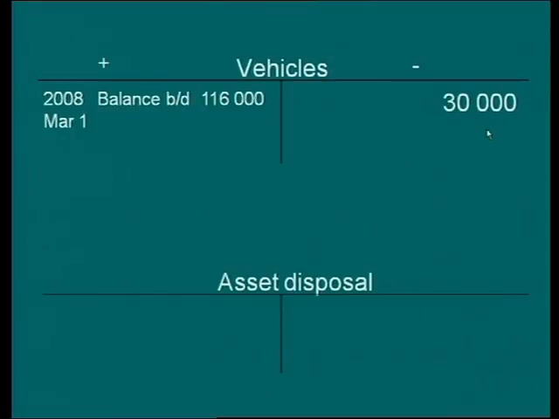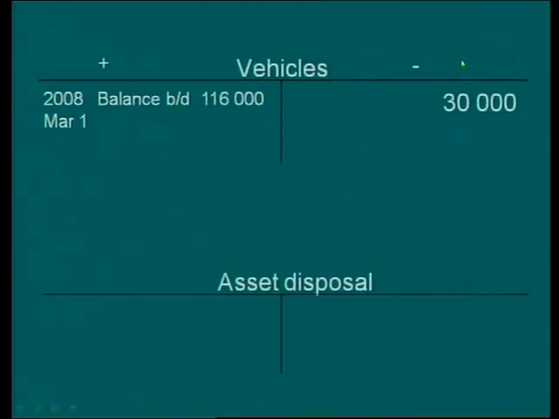Now let me just explain to you again what historical cost is. Historical cost is recording the vehicle or the equipment in the books at its original cost. So we bought it a few years ago for 30,000. That vehicle remains in the books for however long we have it at 30,000.